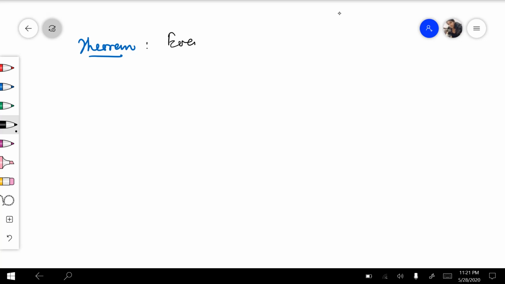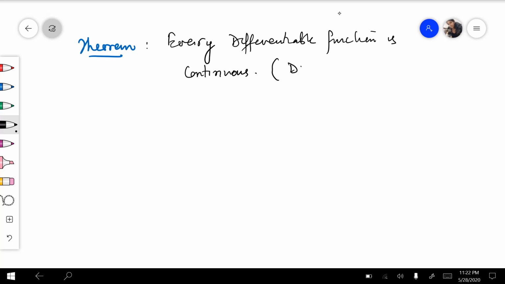Every differentiable function is continuous, which can also be remembered as differentiability implies continuity.